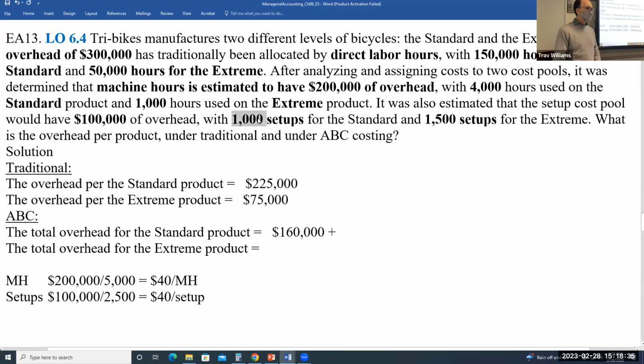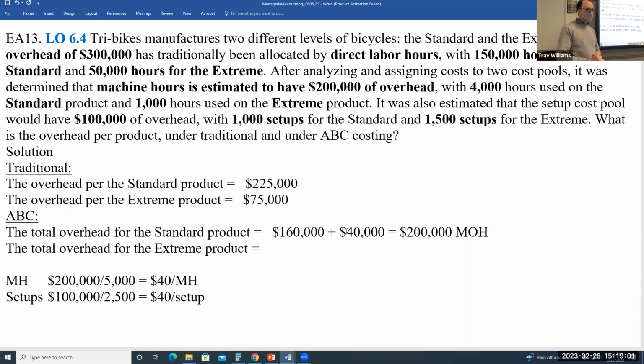Okay, 1,000 setups for the standard product times $40 per setup, giving us a grand total of $200,000 of manufacturing overhead costs for the standard product. It's easier when it's laid out in a table. When it's all jumbled together in a paragraph, makes it a little more tricky.